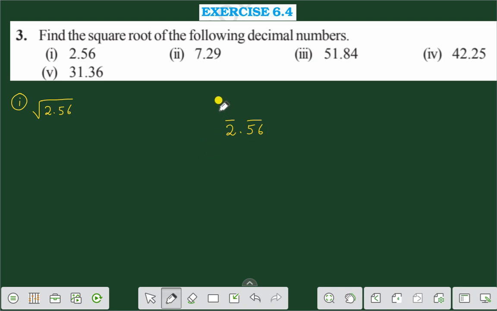Now, divide it by 1. That is 1 on the 1. If you subtract, that is 2 minus 1, which is 1.